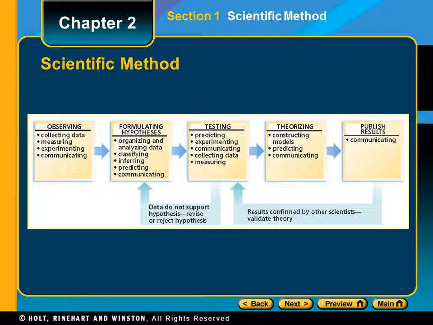If the testing does support it, you move on to theorizing, where you're constructing models and communicating, even making more predictions, ultimately publishing your results, which is communication. That leads back to more testing, with more scientists from around the world who now have this information working on trying to confirm what you've done and what you have found.